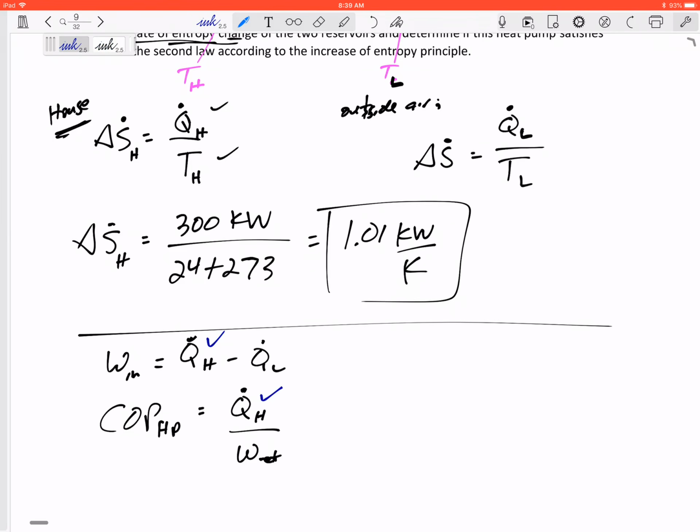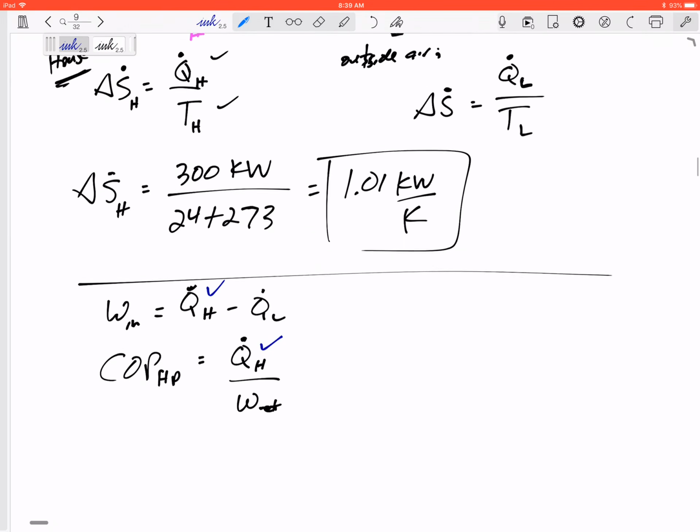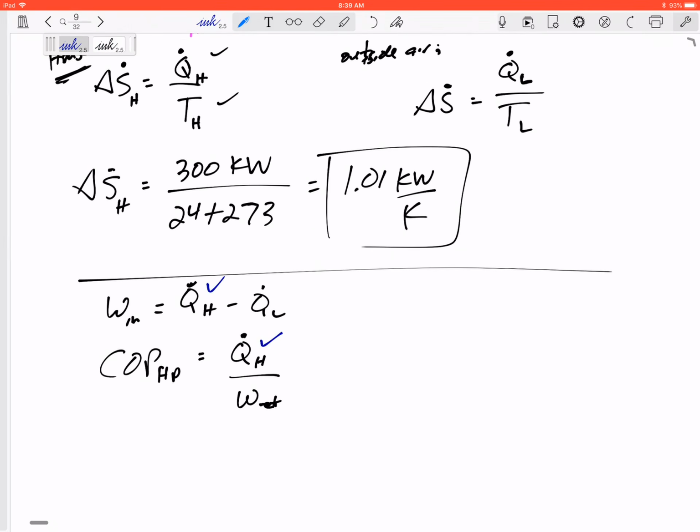But you know what? Coefficient of performance is also 1 over 1 minus QL over QH. We don't know QL.